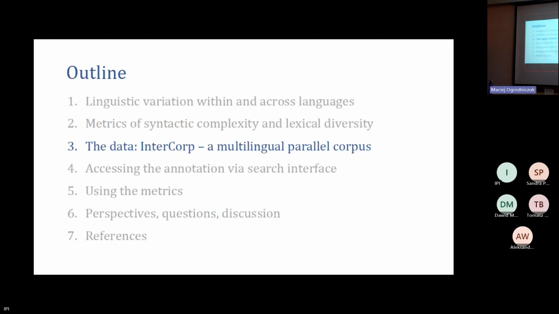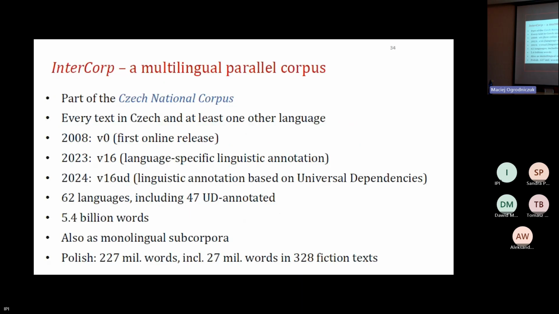So what kind of tests do we use? We have this multilingual parallel corpus. Every text is in Czech, and at least one other language is available, for many years now. The last but one version still has the language-specific linguistic annotation.